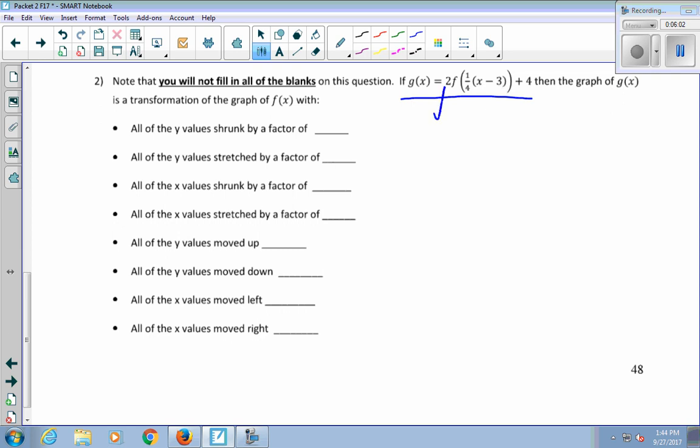So this 2 times f on the outside is a vertical stretch. It's outside, so it's exactly what you expect. Vertical stretch factor of 2. Right? And then this 1/4 on the inside, it's inside f, which means it's horizontal, and it's the opposite of what you expect.